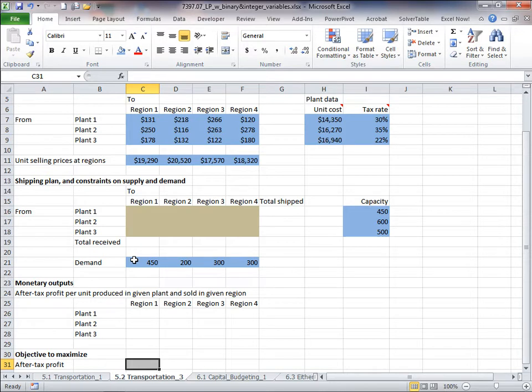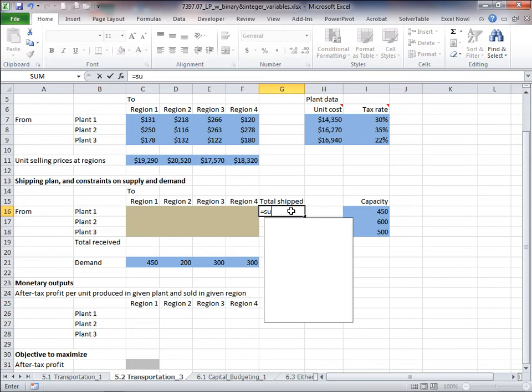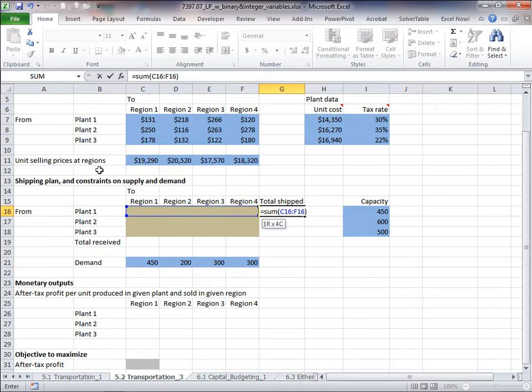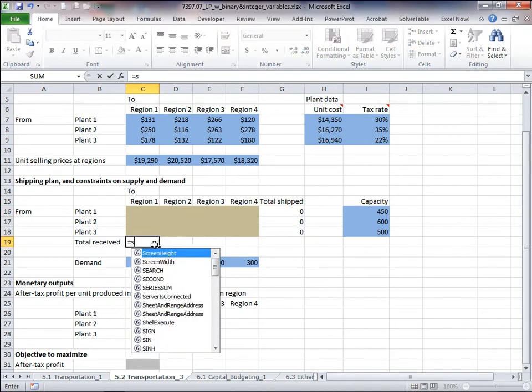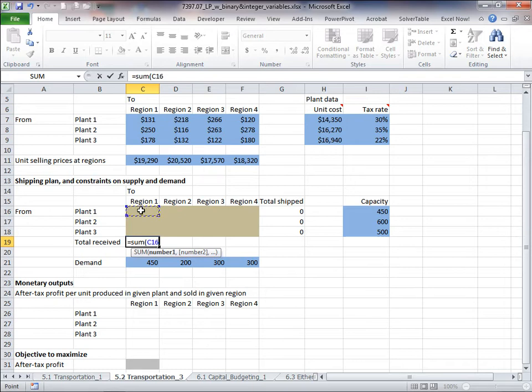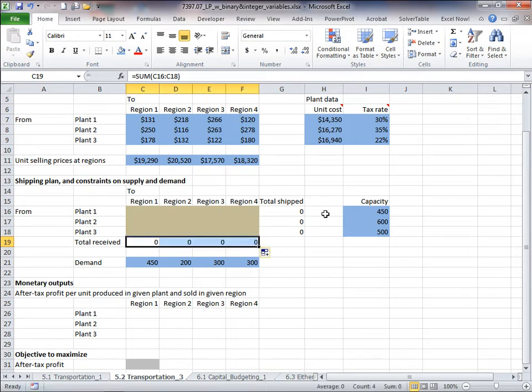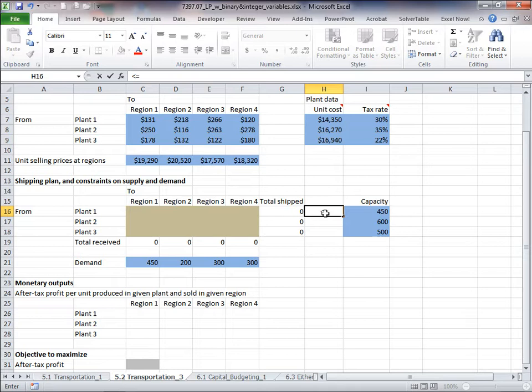Now, I got a couple of formulas that I got to put in here, right? So let me just do that real quickly. So there's the total shipped formulas. There's the total received formulas. Total shipped has to be less than or equal to capacity.